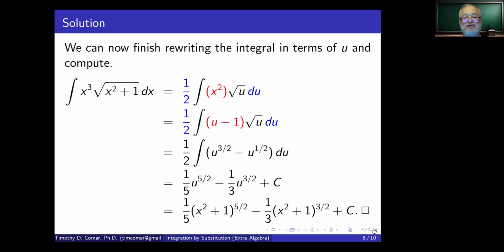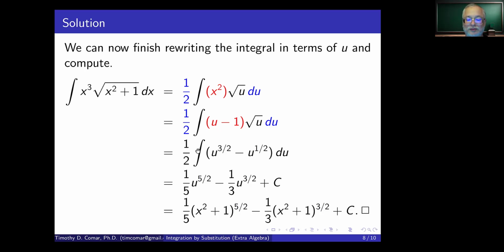So we can now finish rewriting the integral in terms of u and compute. Here, in that last step, in place of x squared, we write u minus 1. Then we multiply the u minus 1 times the square root of u, writing things in terms of powers. We get u to the 3/2 minus u to the 1/2 power.